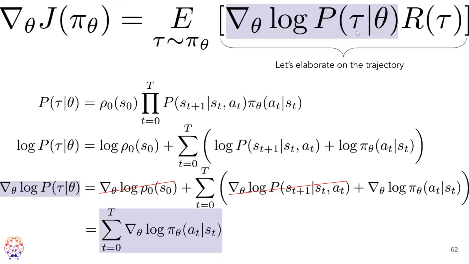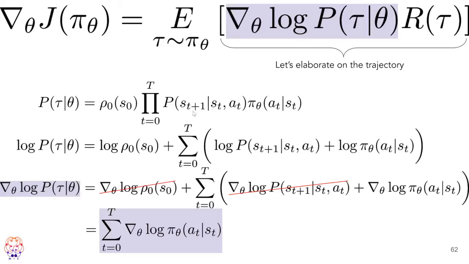And now we complete it by saying, well, we have it in terms of trajectories, why not put it in terms of states and actions? So all this complicated math is really just expanding out what the probability of a trajectory is. The probability of one single trajectory means you have to consider the probability of each individual state at all the future time steps. So it's basically a recursion of states.